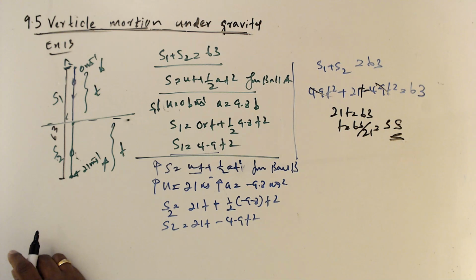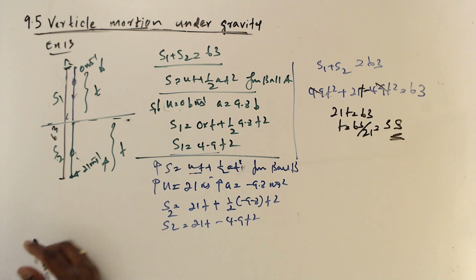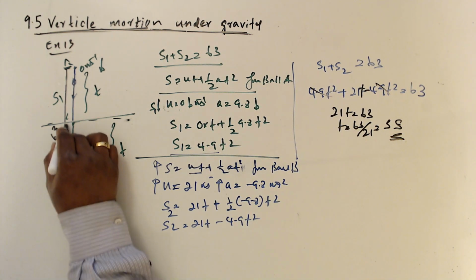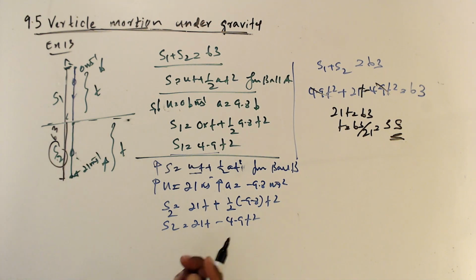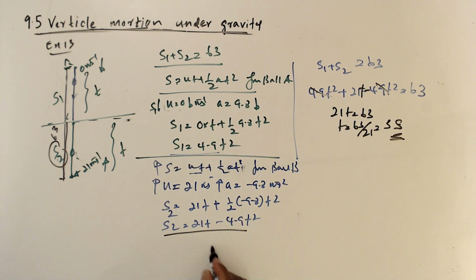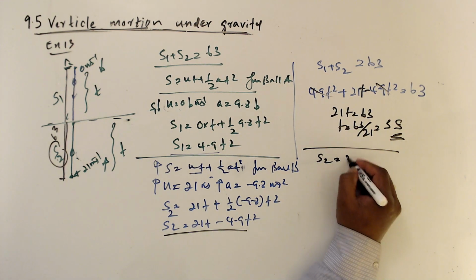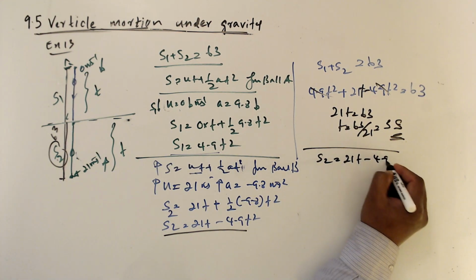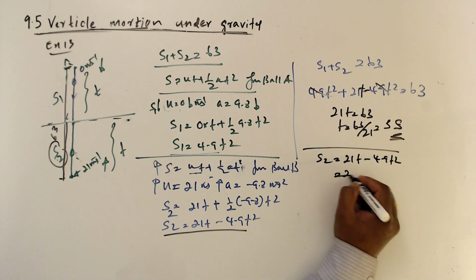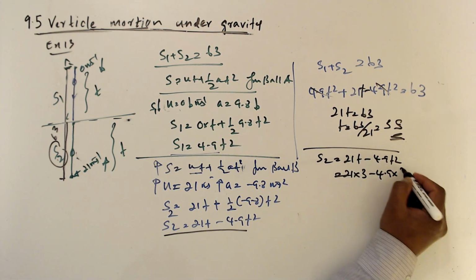The last part is to find the distance of the point where the balls collided from the bottom of the tower. So from the bottom of the tower, it means S2. S2 equals 21t minus 4.9t square. So 21 times 3 minus 4.9 times 3 square.